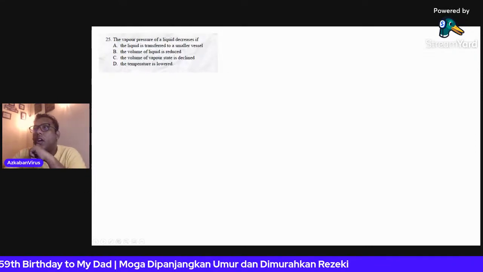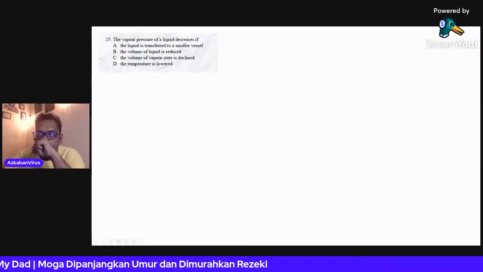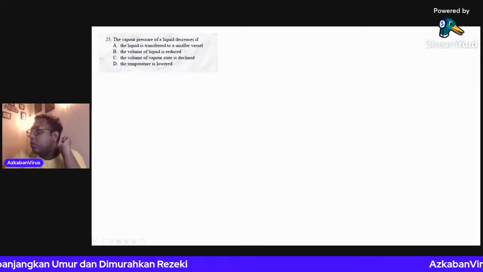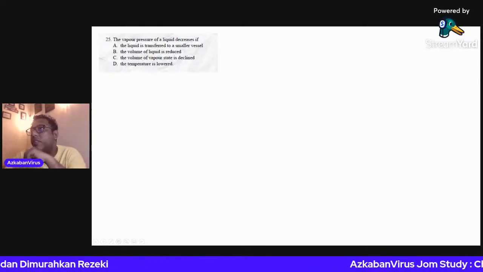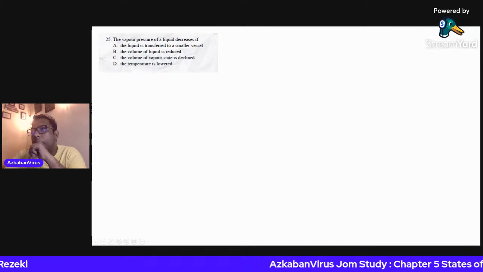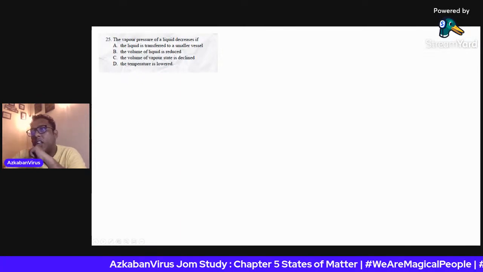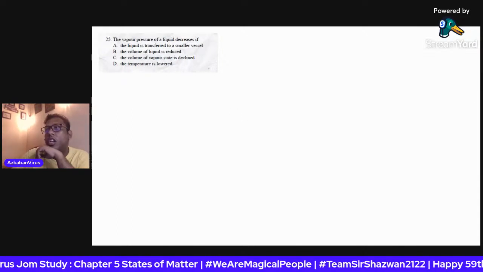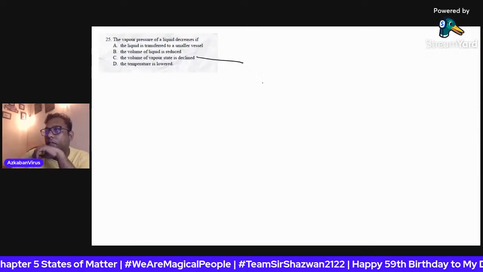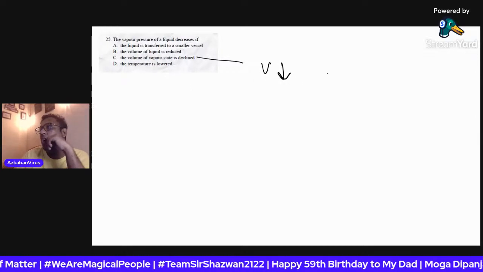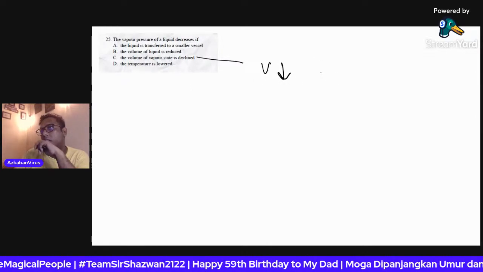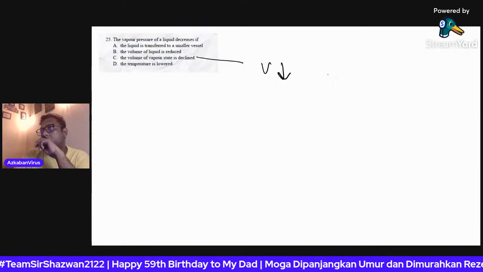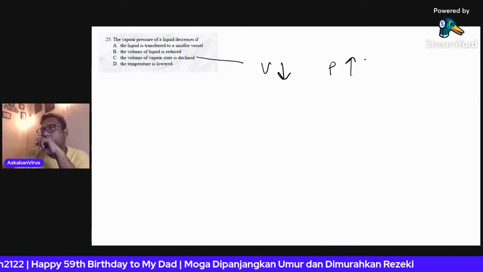Next. Vapor pressure of liquid decreases if: volume of the liquid reduced, volume of the liquid transferred into a smaller vessel, temperature is lowered. Kalau volume of vapor state to decline, okay, volume of gases tu jatuh, pressure akan meningkat.